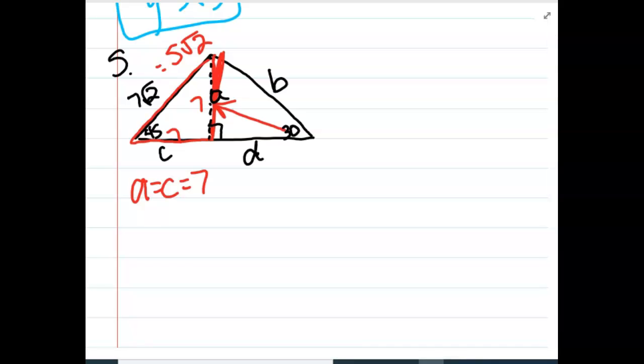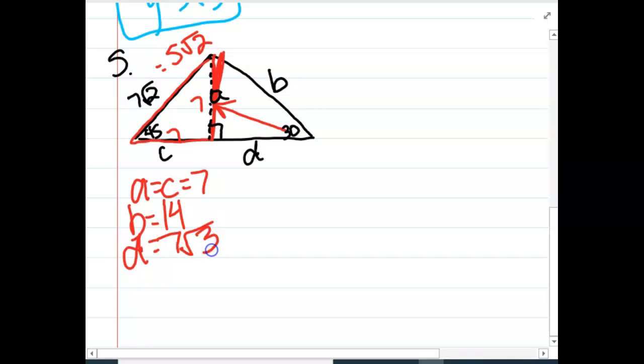Which means to find B, my hypotenuse, I'm going to multiply by 2. So my hypotenuse is 14. And to find D, the other leg, I'm going to multiply the shorter leg, which was 7, by the square root of 3. So 7 square root of 3.